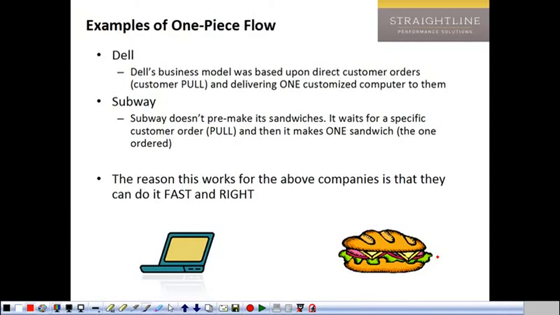One was Dell. Dell Computers became an extremely successful company in Austin, Texas, I guess in Round Rock, north of Austin, largely by letting the customer pull. If you remember, Dell in its early days was an internet-based company or a call center where you called and told them the computer that you wanted.